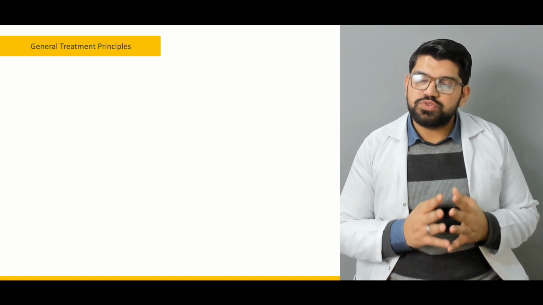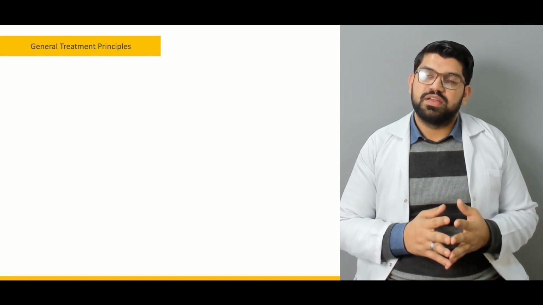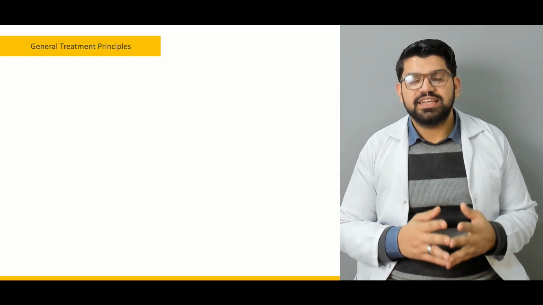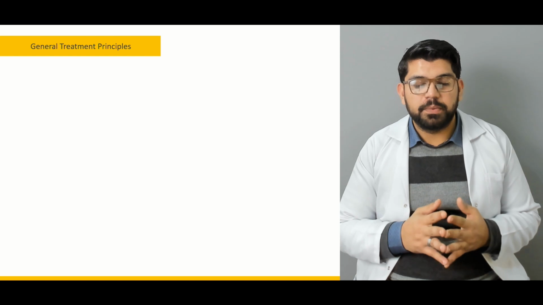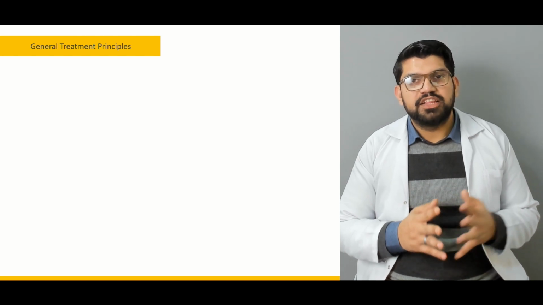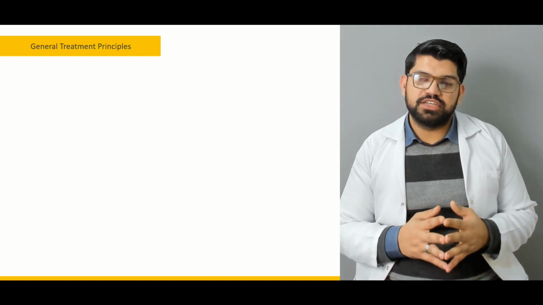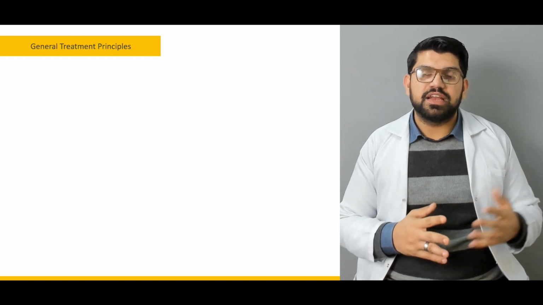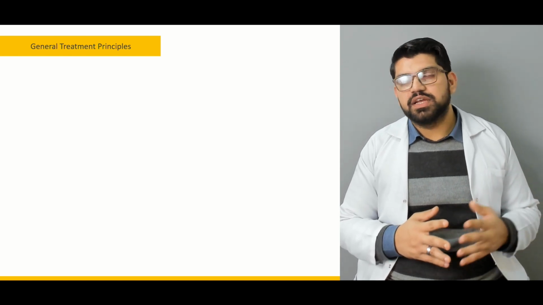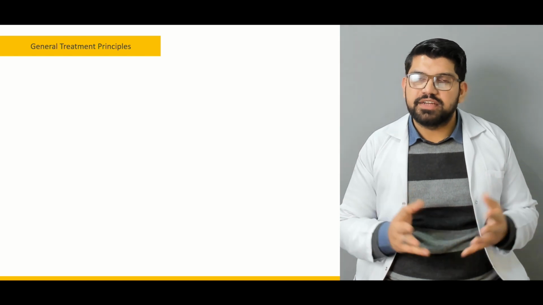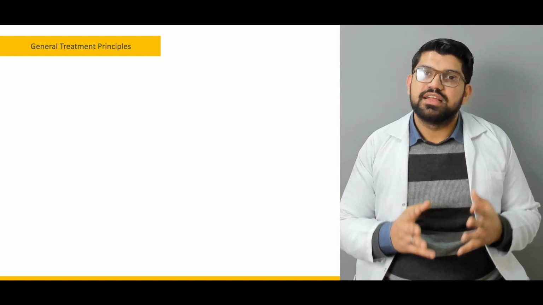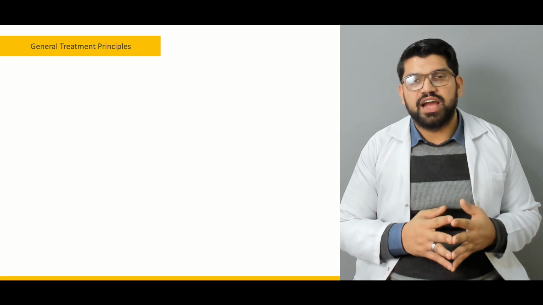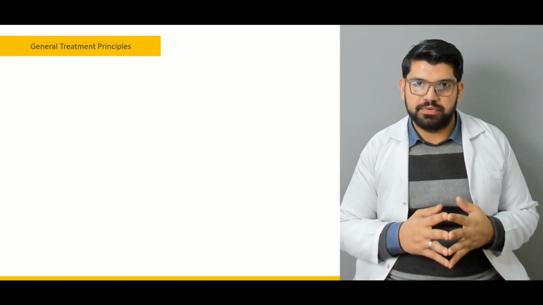So the mainstay of treatment in patients with acute diarrhea is fluid resuscitation. There are two types of fluid resuscitation, and how to give fluids: you can give oral fluids, you can give IV fluids. That depends on the severity and the type of dehydration the patient is going through.